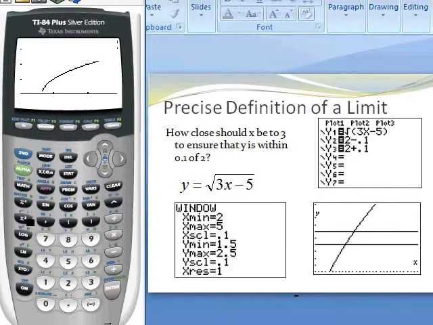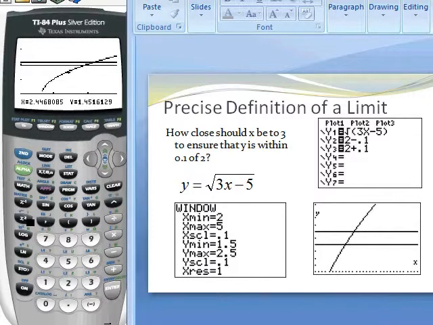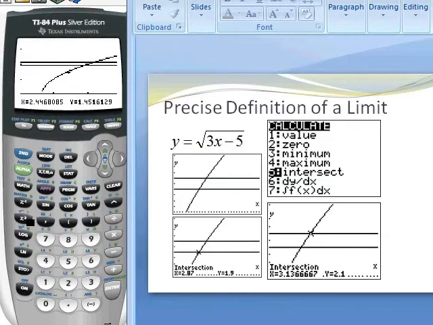Do you see it? Here's one, here's another one. I'm actually looking for this value and that value. That's going to tell me that if I want to stay within this distance here, I need to stay within these two lines. So how am I going to find that? Now, there is a feature called an intersection feature.